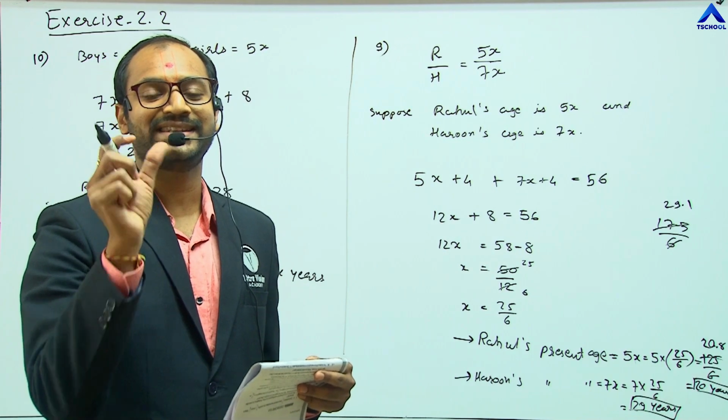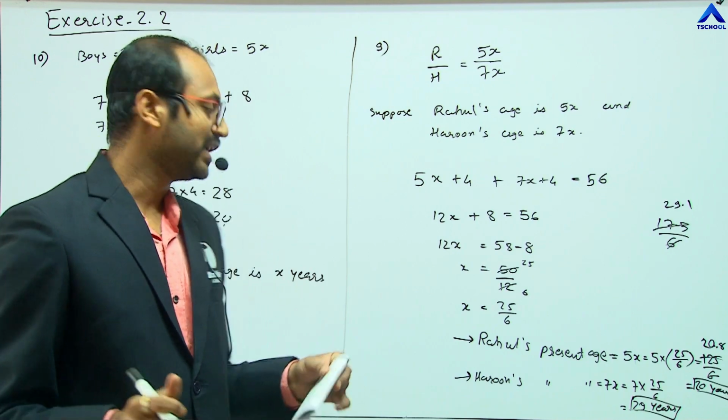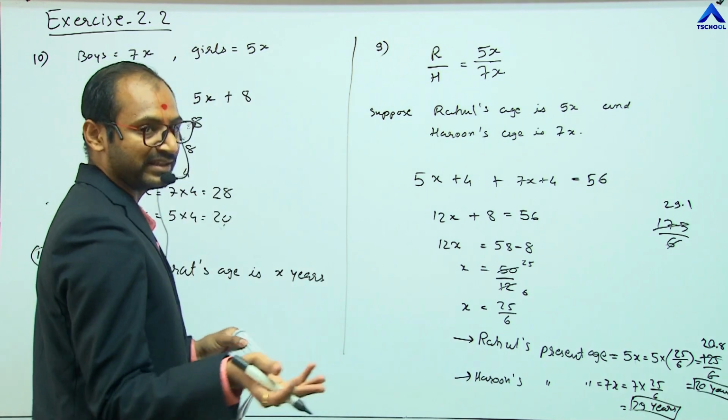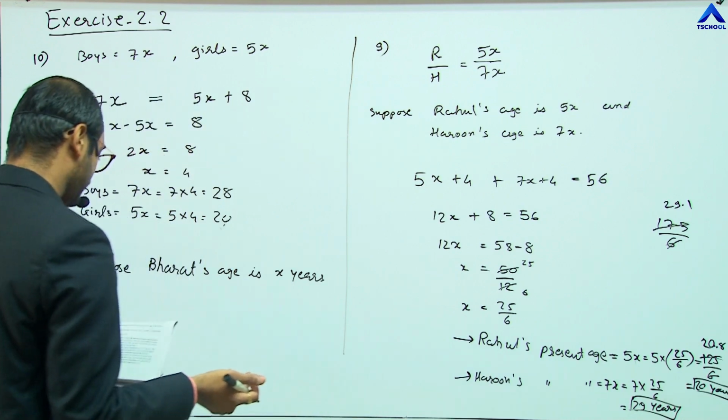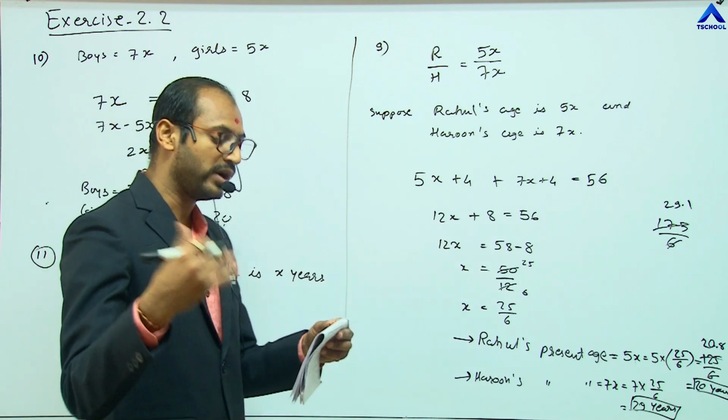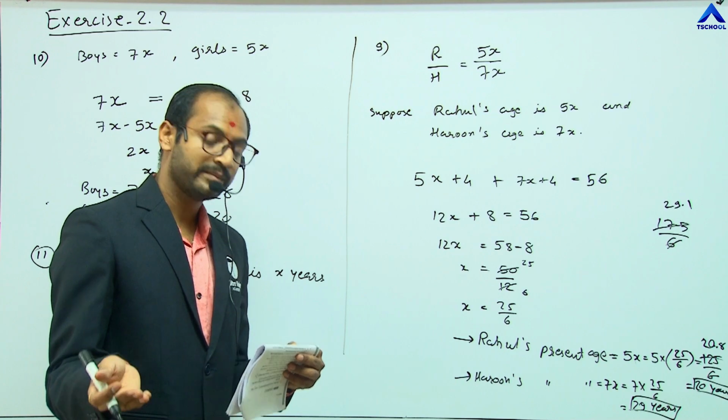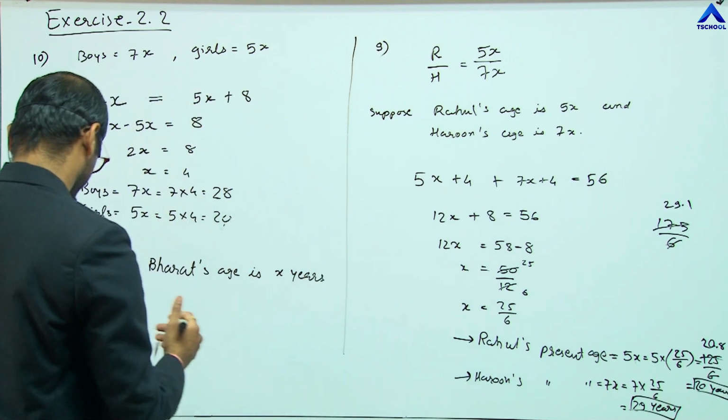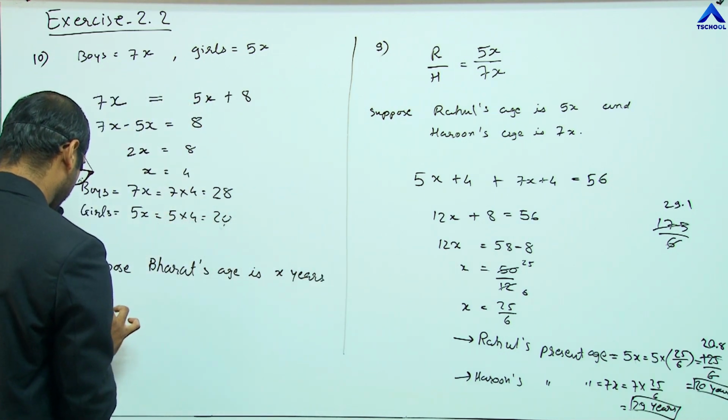The next sentence gives the relationship between Bharat's age and Bharat's father's age. So, Bharat's father is 29 years older than Bharat. So, what is Bharat's father's age?